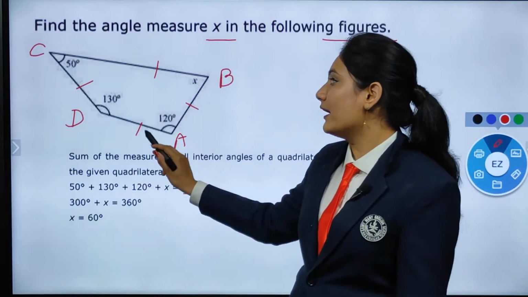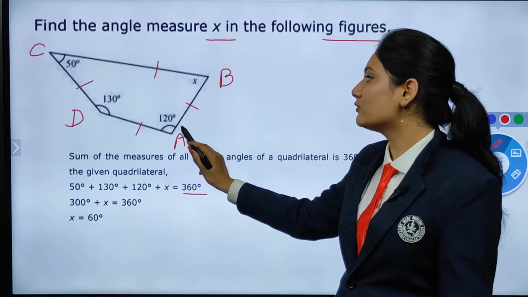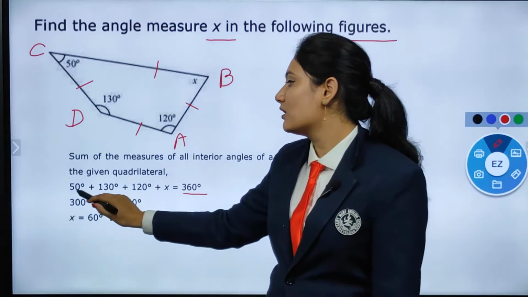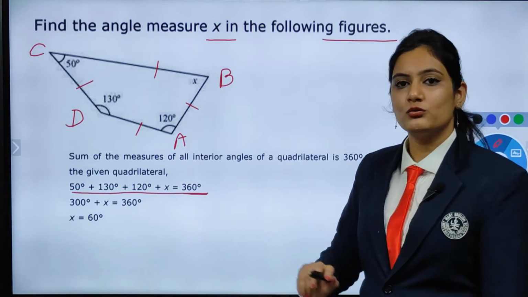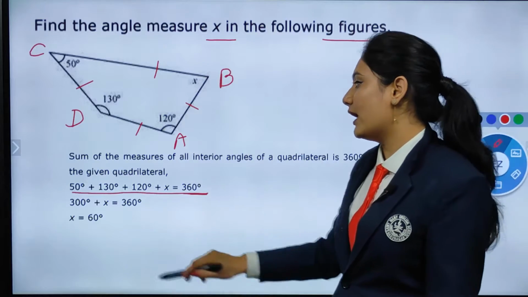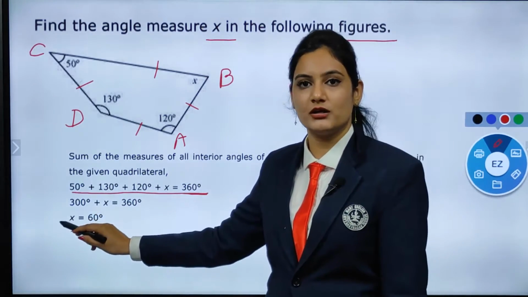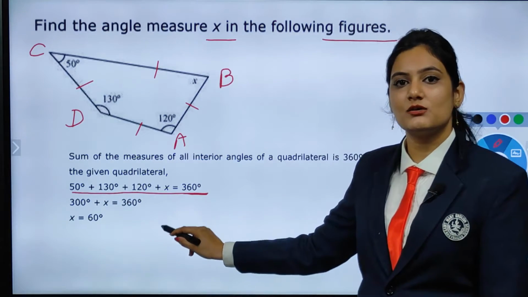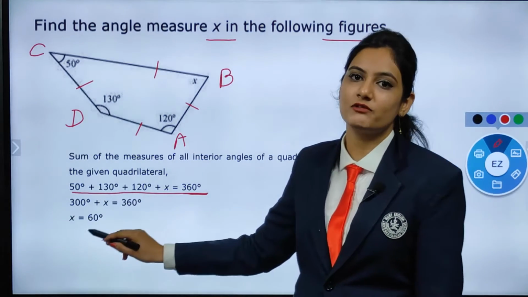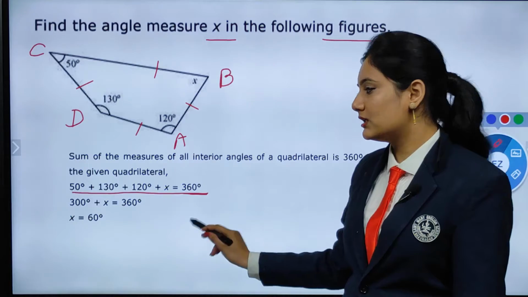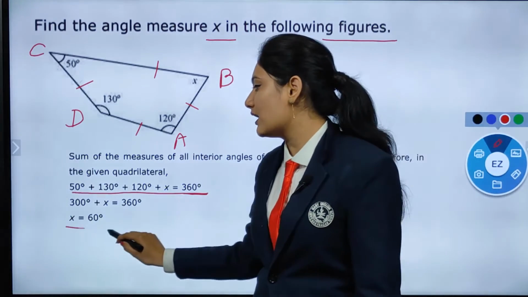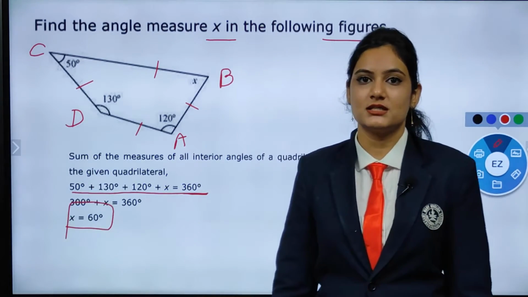So add 50, 130 degrees, 120 degrees and x. It will be equal to 360 degrees. When you add 50, 130, 120, it is 300 degrees, plus x equals 360 degrees. So x equals 360 minus 300, which is x equals 60 degrees.